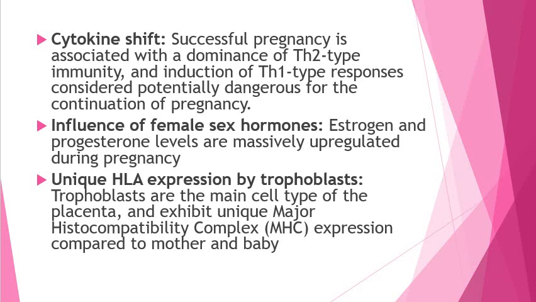This paradigm of cytokine shift has been expanded to consider T regulatory cells and Th17 cells, with T regulatory cells playing a pregnancy-protective role and Th17 responses being detrimental to pregnancy. This we had seen when we were dealing with the T cells.